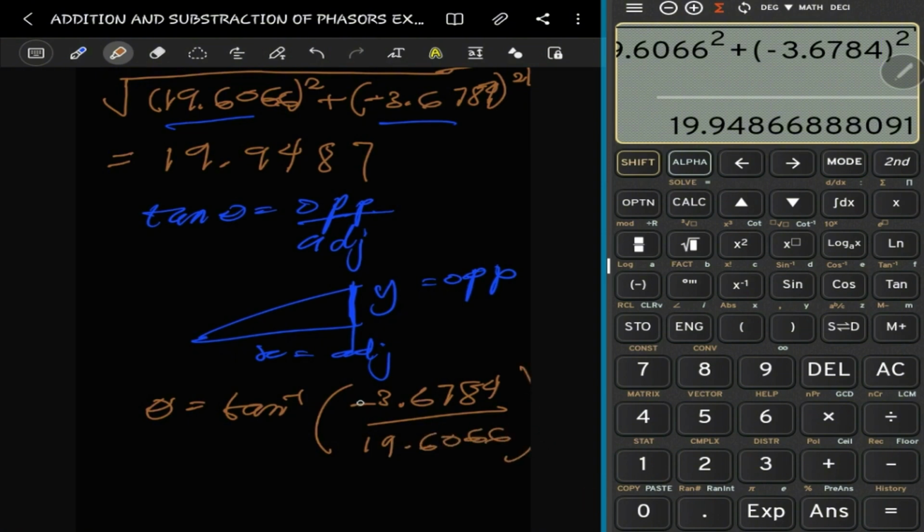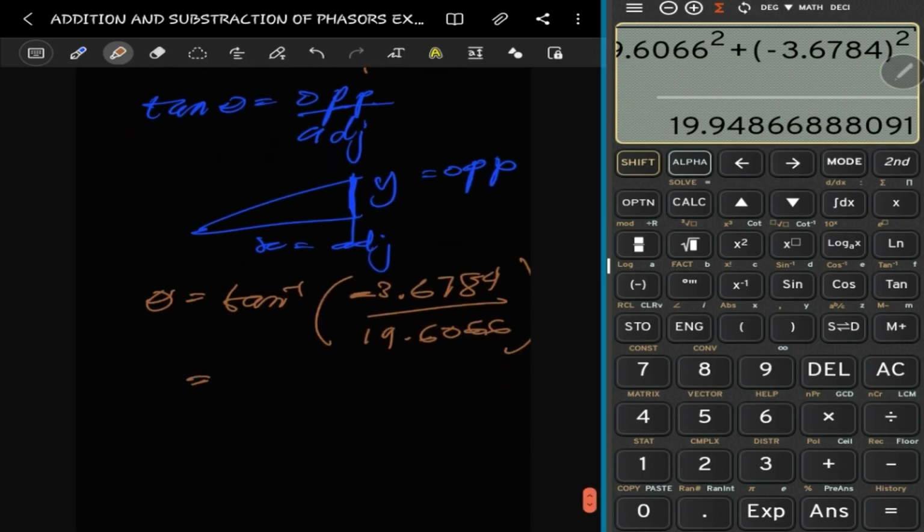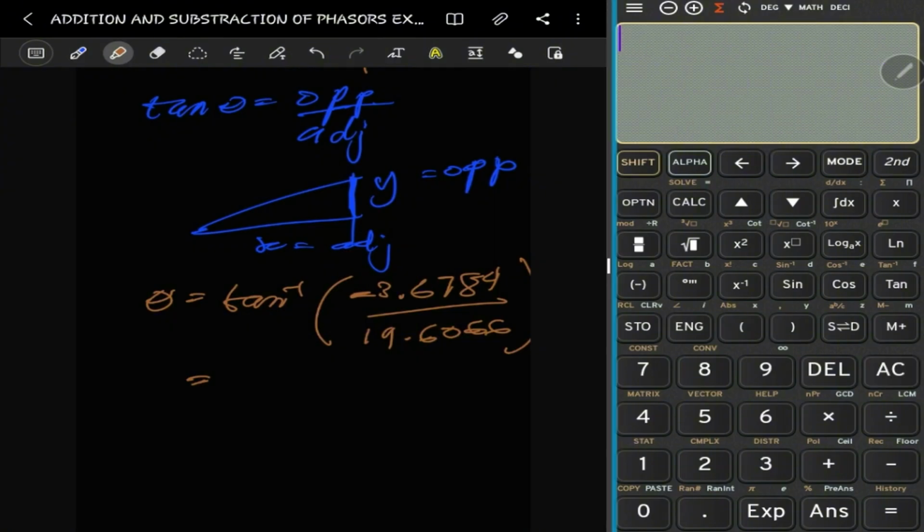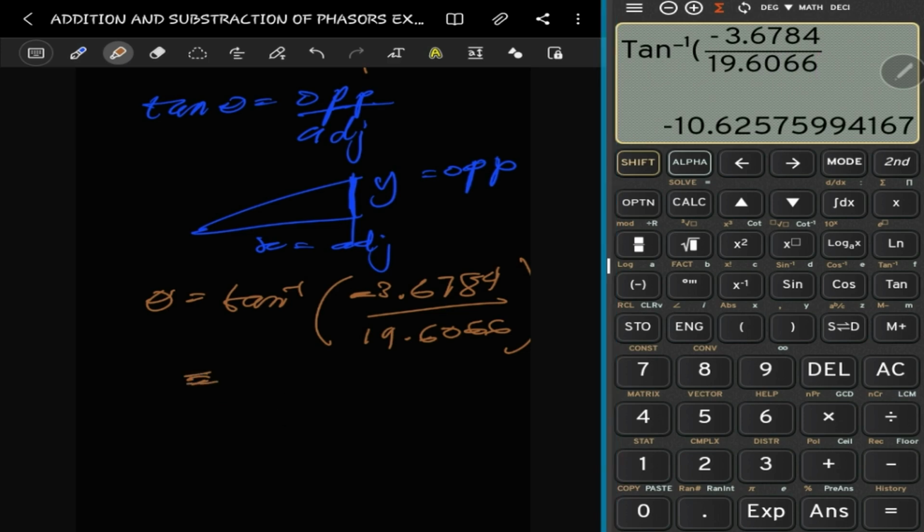For these ones you bring in the negative, right? You have to bring in the negative when you are computing the phase shift, right? Let's see. So tan inverse of minus 3.6784 over 19.6066. So this one gives you clearly the direction, right?